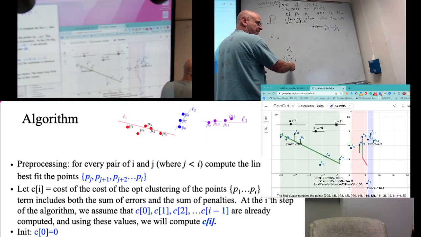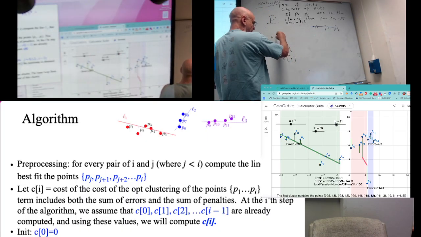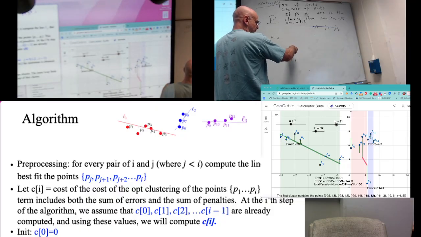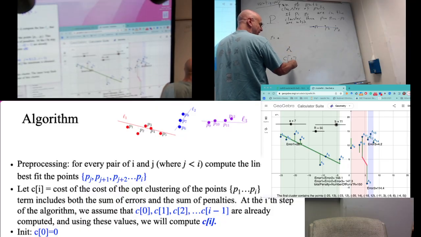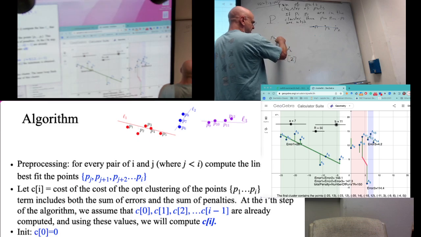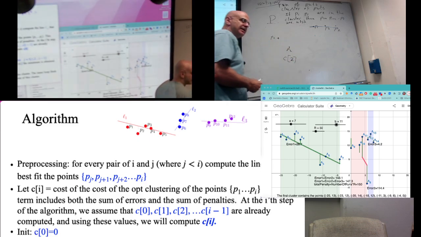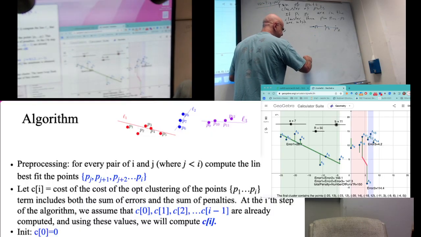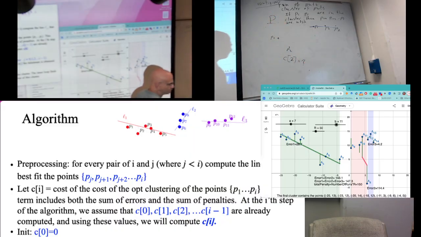C1 is the best clustering of the set of points that starts at P1 and ends at P2. I'm sorry, C2 is the optimal clustering of the ones that start at P1 and end at P2. What is C2? Be careful with your answer. What is C2?